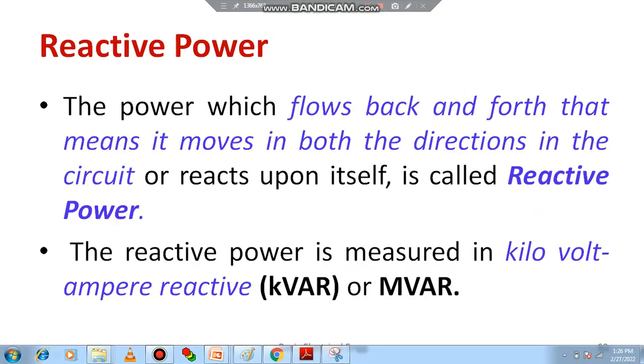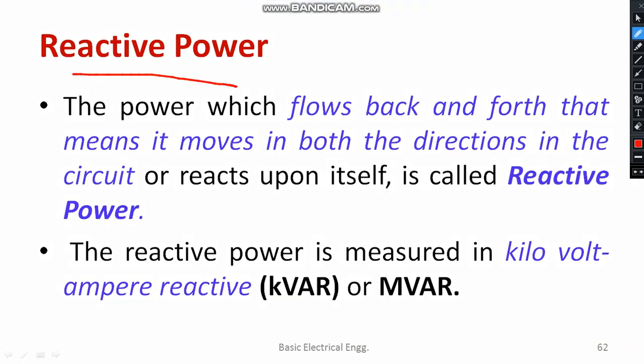Another important terminology: what is reactive power? The power which flows back and forth, that means it moves in both directions in the circuit or reacts upon itself, is known as reactive power. It cannot be consumed. It moves from one end to another or reacts upon itself.